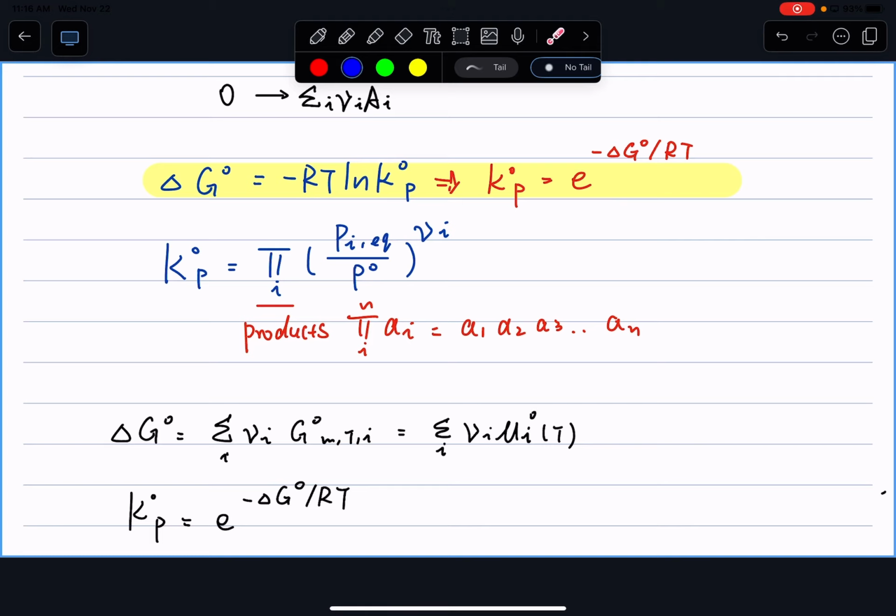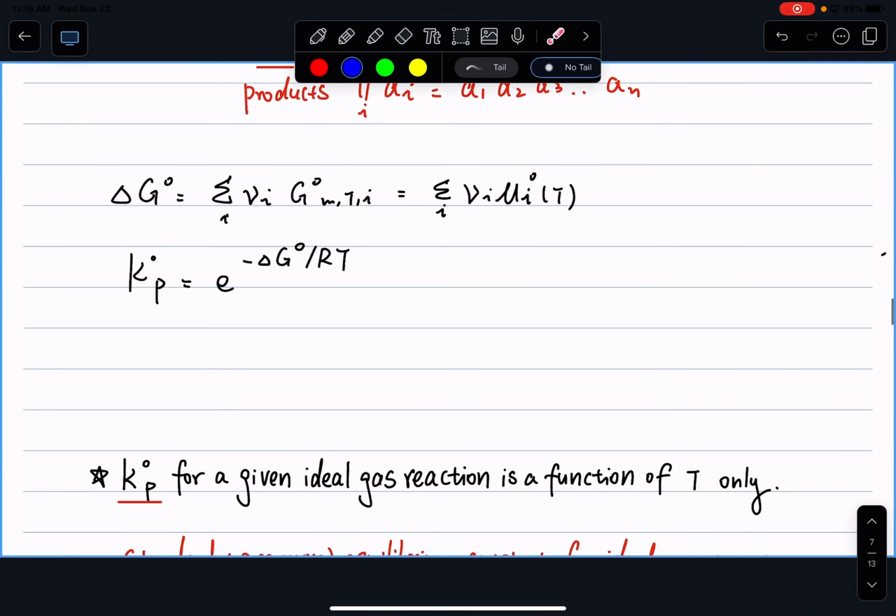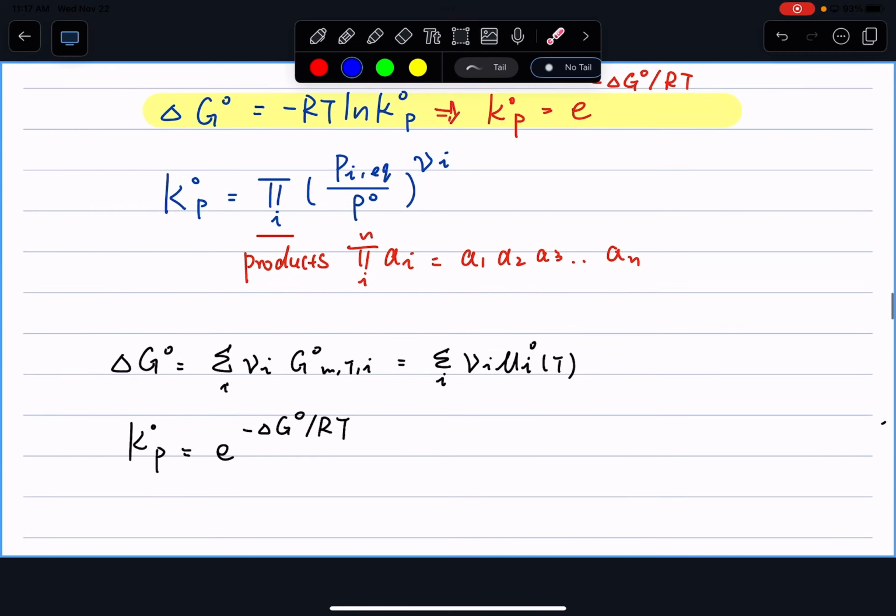Okay. With that in hand, this part just rewrites everything we just derived. You know how to calculate the delta G of a reaction from the thermodynamic table, and you have the relationship between your equilibrium constant and the delta G of the reaction. Now, everything up to here is very generally true. We're not talking about only ideal gases.